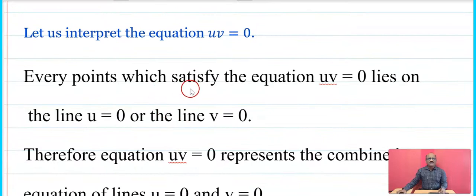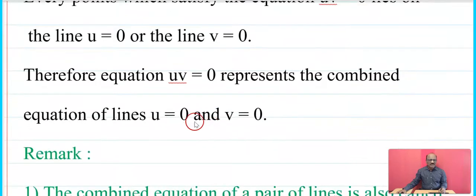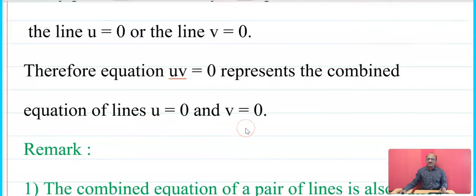Every point which satisfies the equation u into v equal to 0 lies on one of these two lines, that is the line u equal to 0 or the line v equal to 0. Therefore, equation u into v equal to 0 represents the combined equation of the lines u equal to 0 and v equal to 0.